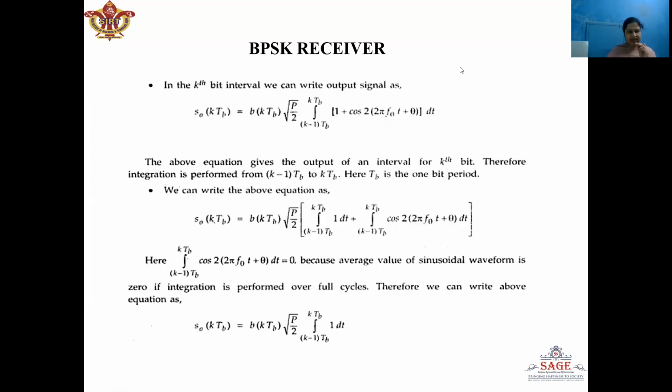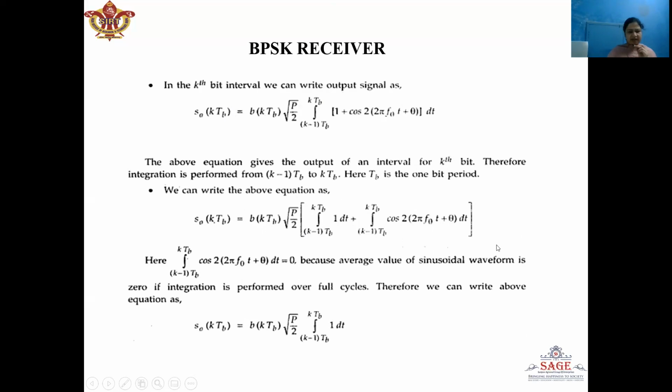is given by the expression s naught (k TB) equals b(k TB) root P by 2 times the integration of the signal between the interval (k minus 1) TB to k TB, which constitutes one bit interval TB. Now, by solving this expression, we will get b(k TB) root P by 2, where we have separated the two integrals: integral of the first part plus integral of the second part.